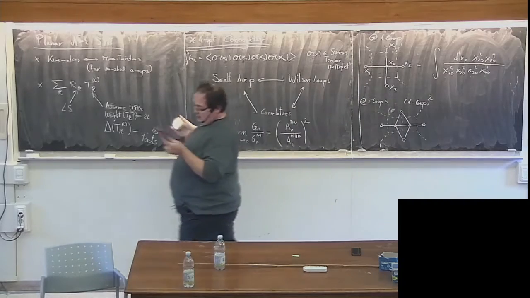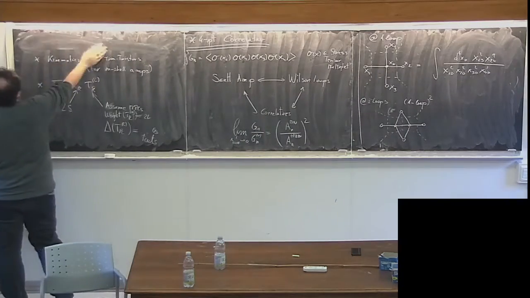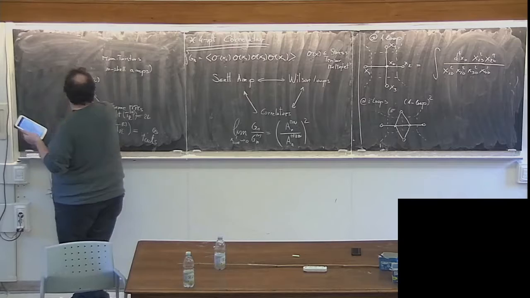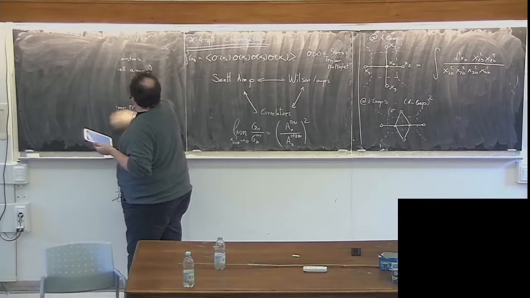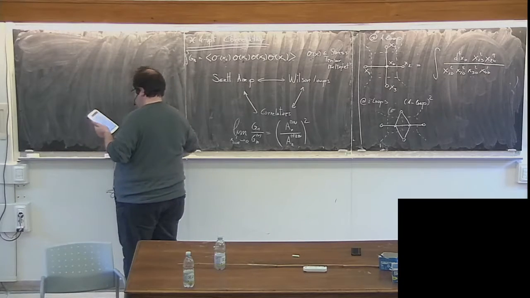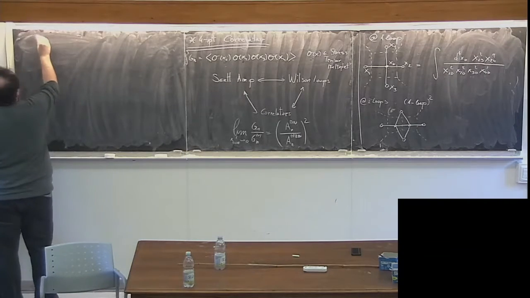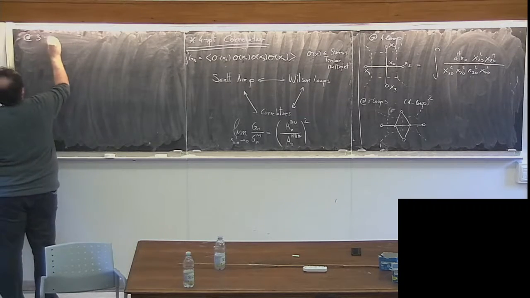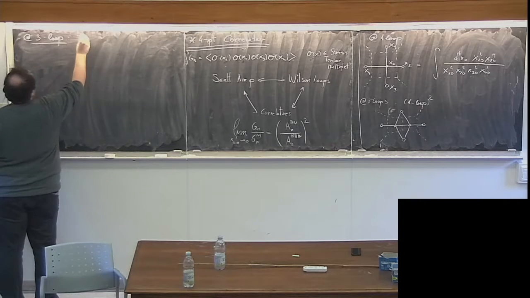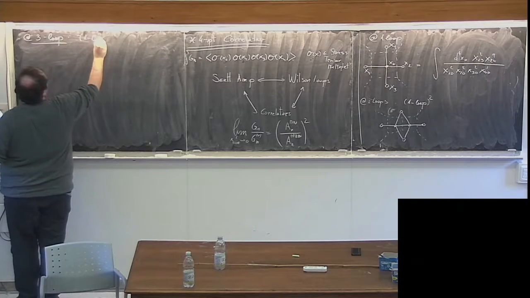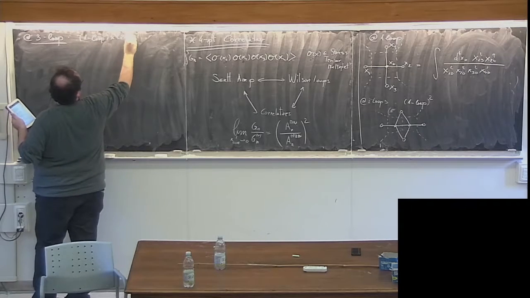You can go to three loops, and that's where new things happen. Well, new things in the sense that you don't just get simple box integrals. Three loops. You get everything that is like two loop, one loop times two loop, which we know already.